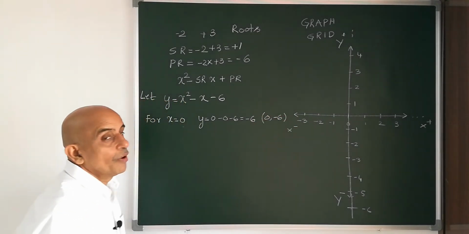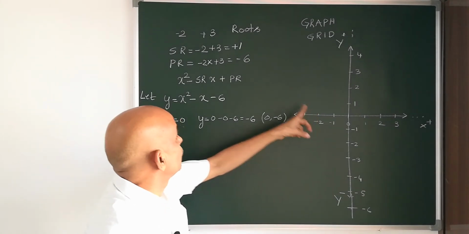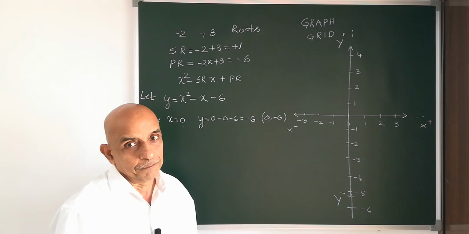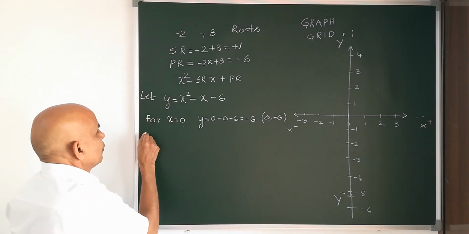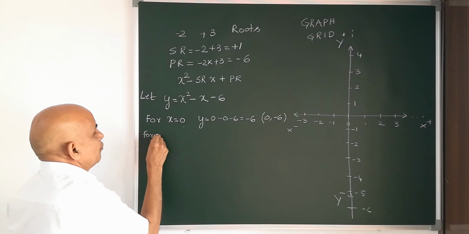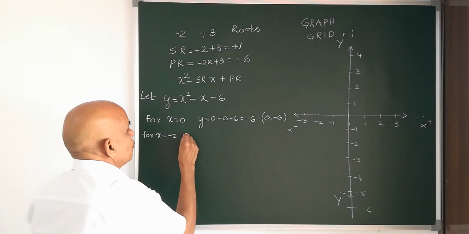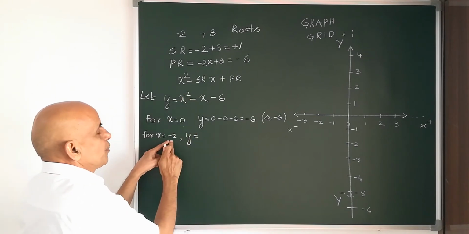This is one point. Now if I put x is minus 2, I have started with minus 2 and plus 3. For x is equal to minus 2, let me see what happens to y. Wherever x is there, I will put minus 2.